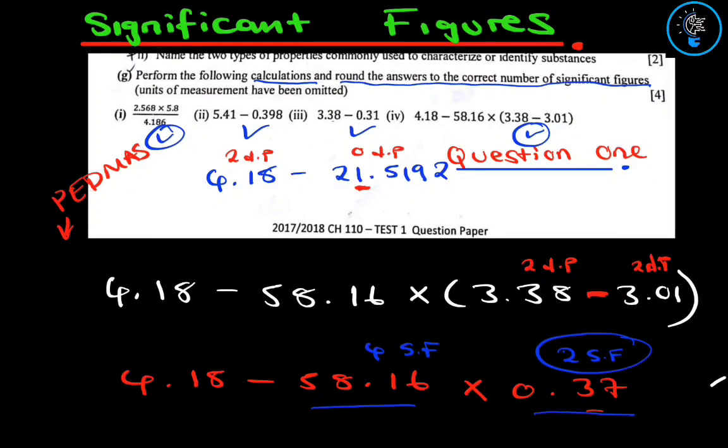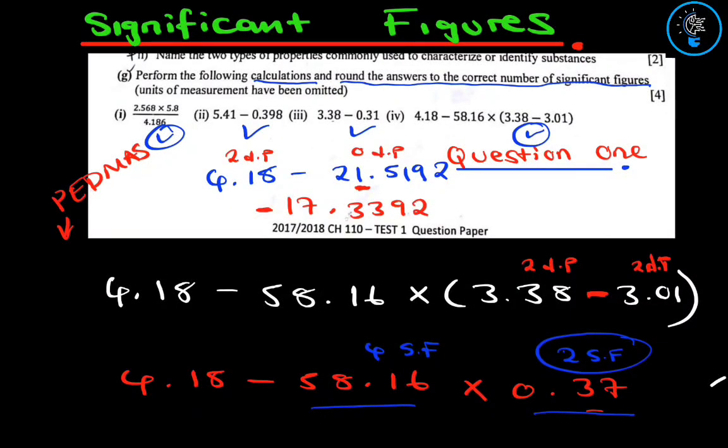When you punch that into your calculator, with 21.5192 being negative, plus 4.18, your answer will be negative 17.3392.